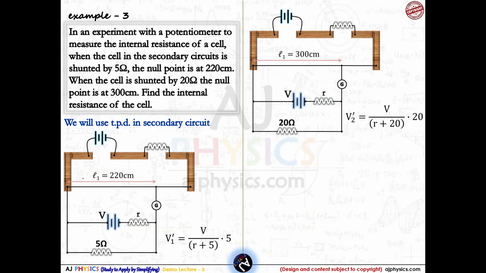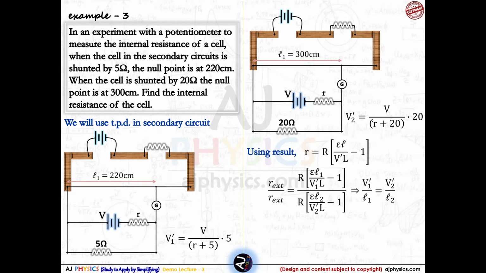Fine. Now you can use the basic result which I told you in the arrangement 1 also, and try to substitute the values here directly. And once you try to solve this, most of the things will cancel up. Why? Because this is the R, which is the external resistance, which will be same. This is E. So most of the symbols will be cancelled up. Like you can solve this mathematical equation now. And simply when you will solve this, you will be just getting this result.